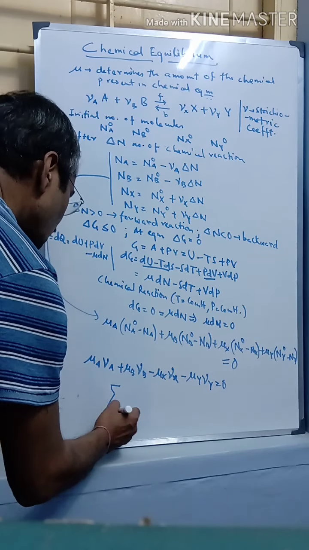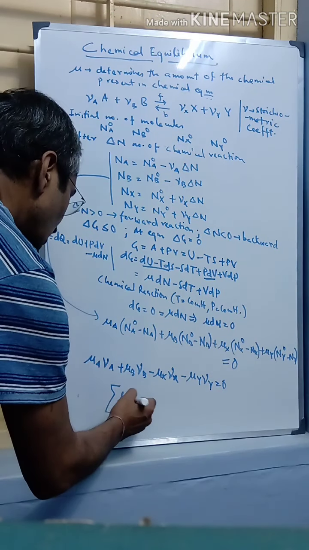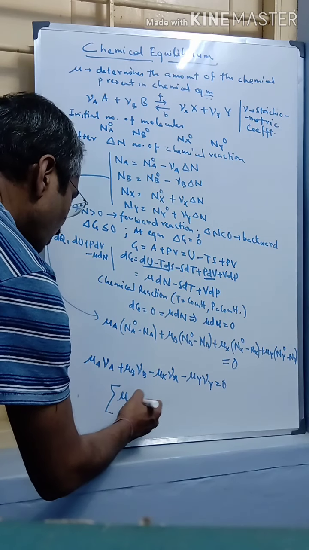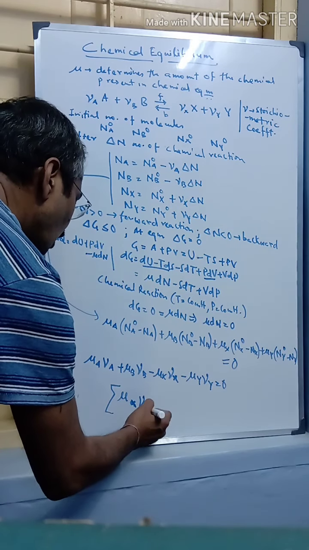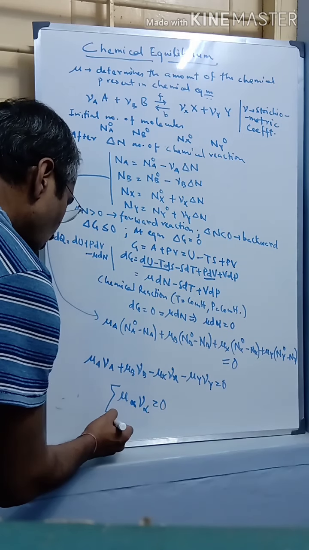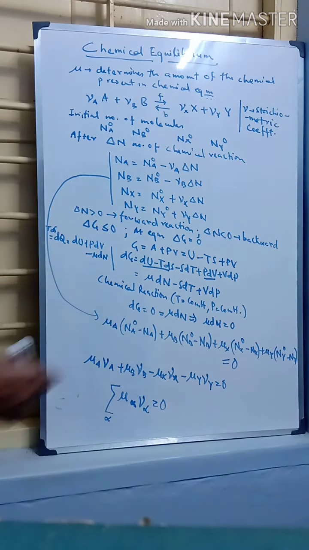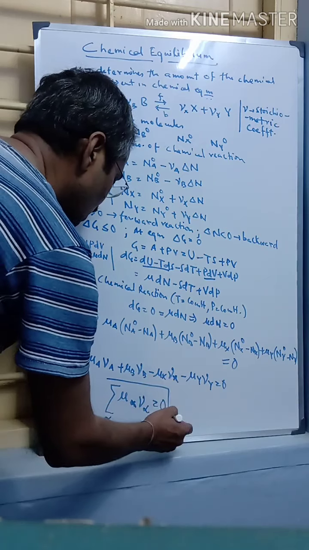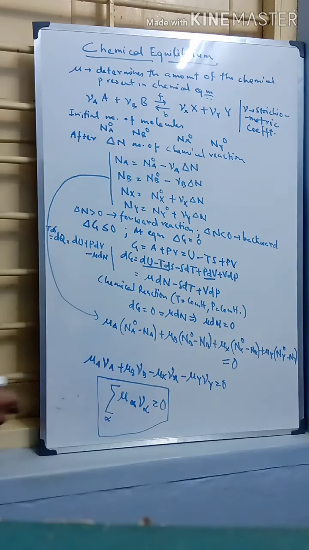So we reach a condition that the sum of nu alpha mu alpha is equal to 0 for a given species. This is the condition for chemical equilibrium.